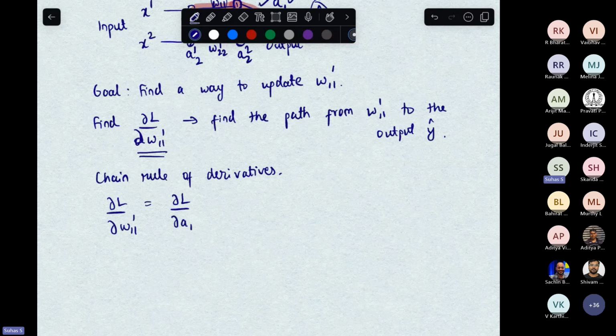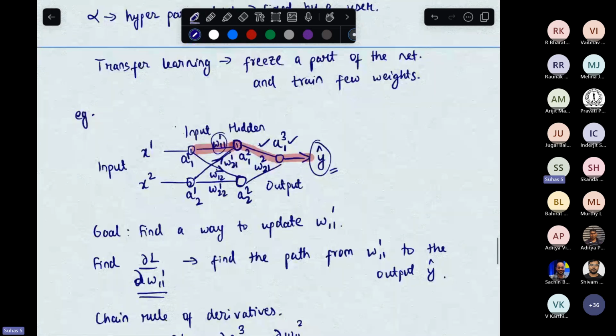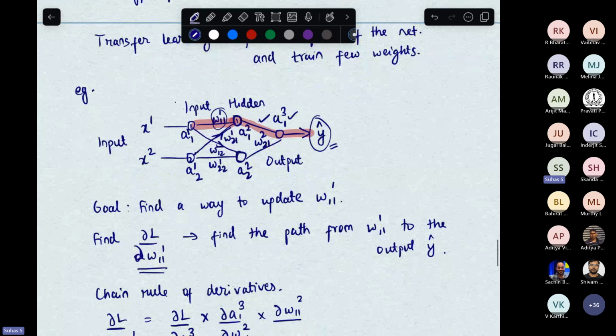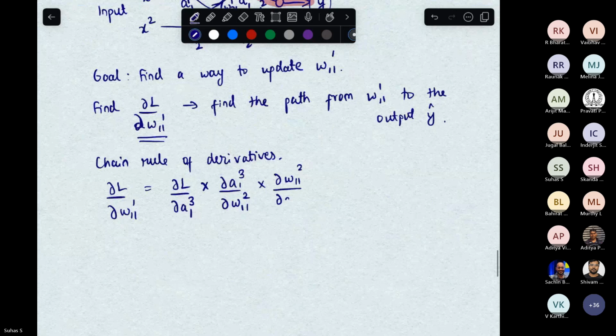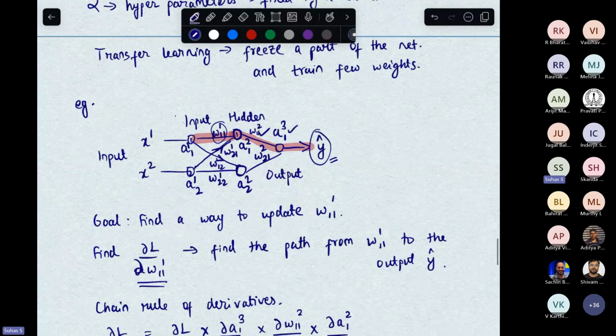So do A13, and what did A13 come from? It came from the weight W11 of 2, and what did that weight come from? So this is W11 of 2. That came from node A12. And what did A12 come from? That came from W1.